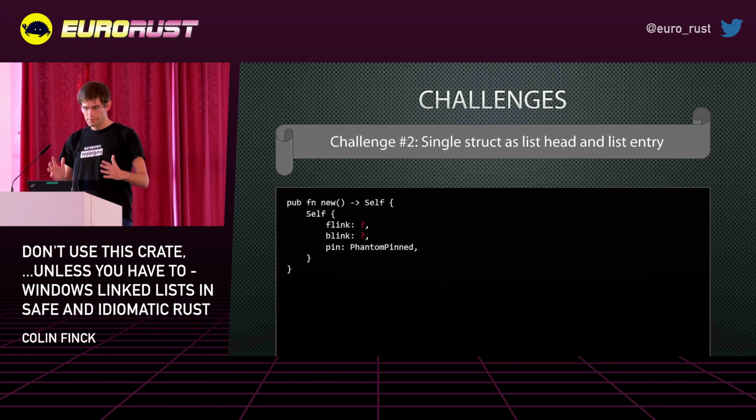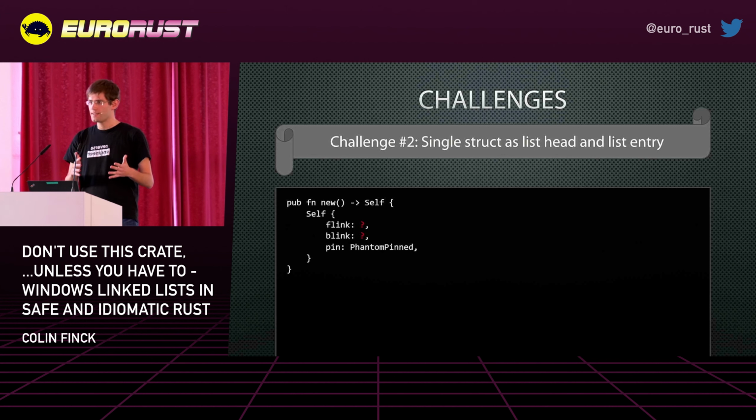So now, when we create a new empty list, Flink and Blink already need to point back to the head address. But how can I do that? This is what initialize list head actually does in C, and why I need to call initialize list head when I start, because otherwise the lists can't be seen as empty. I want to make it impossible to misuse my crate, so nobody should be forced to call some init function.